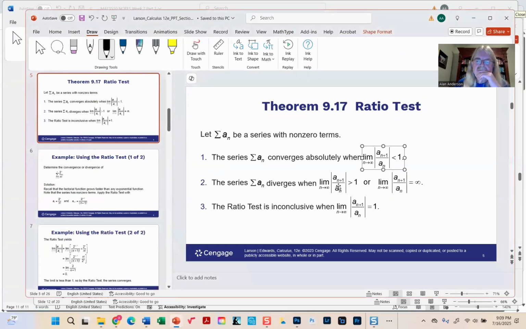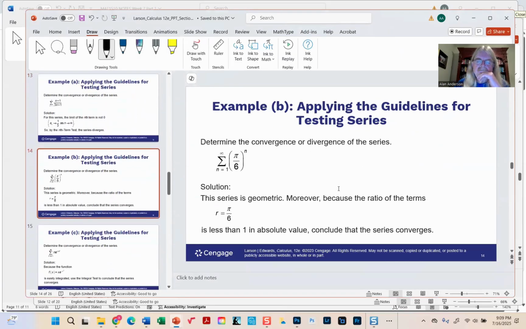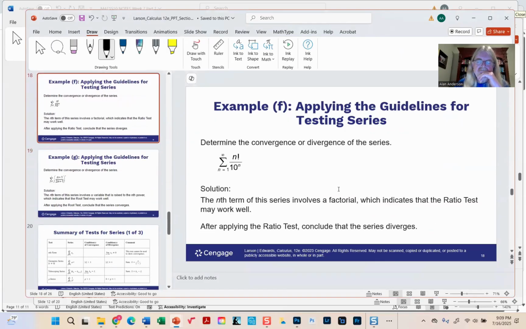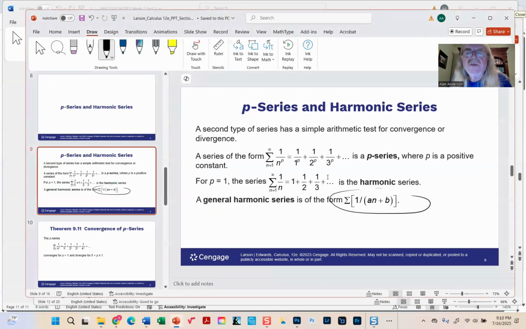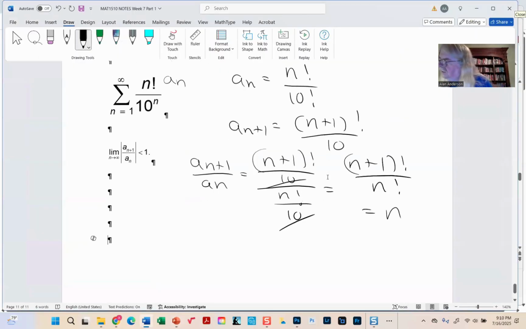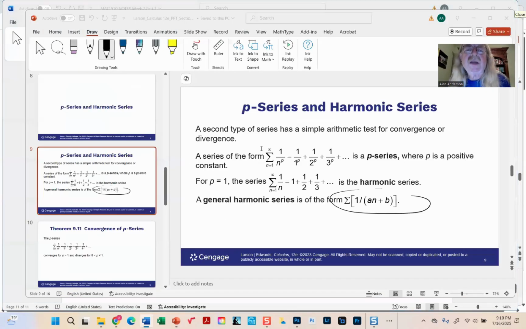Here we go. Yeah, you can see that we ended up with just n. So therefore, the limit is infinity. Oh, that was one of the conditions. I didn't copy that one down, but it was back there. So let's go grab it.